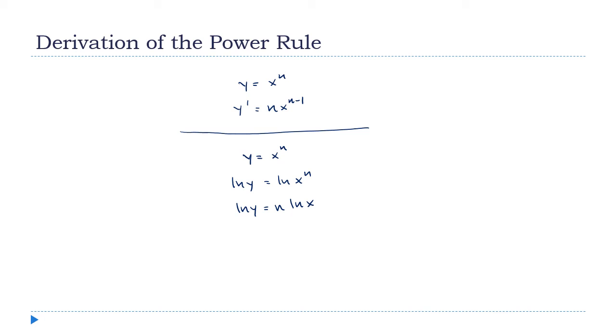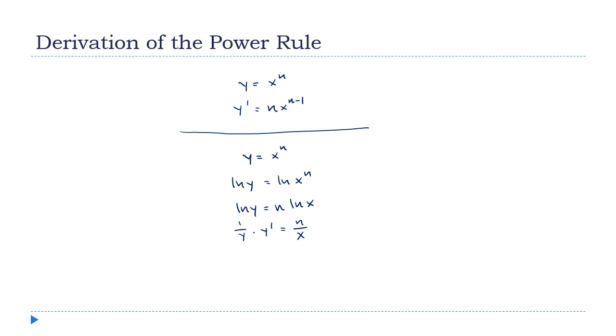We're going to have to do the left side implicitly. The derivative of the log of something is 1 over that something, times the derivative of that something. So this is y prime over y equals n over x.